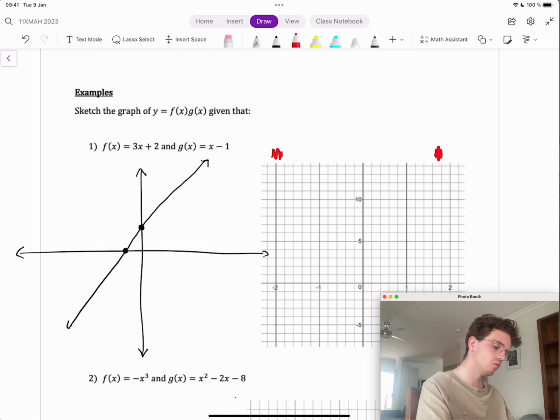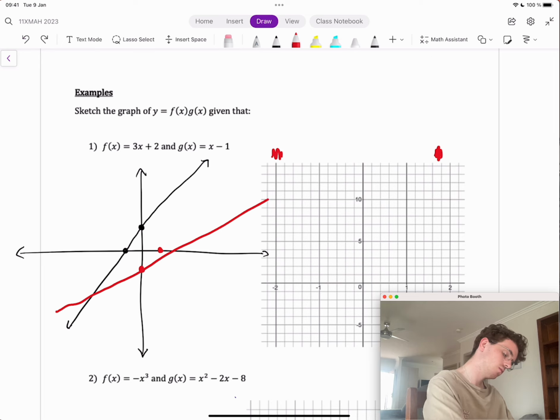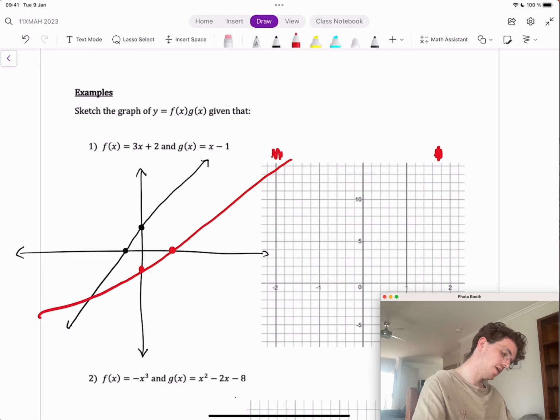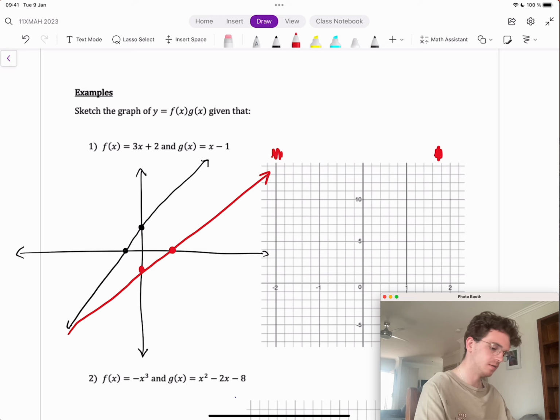And then x minus 1, we've got 1 and 1, so it's going to look like that. That's awful, I need to make that a bit straighter. Oh my god, I apologize, this is awful. Okay, that's the best it's getting.